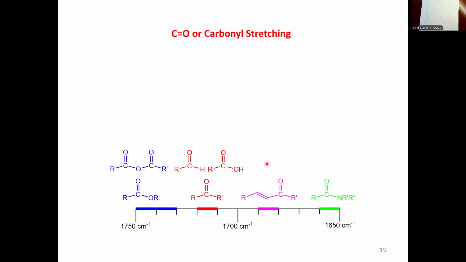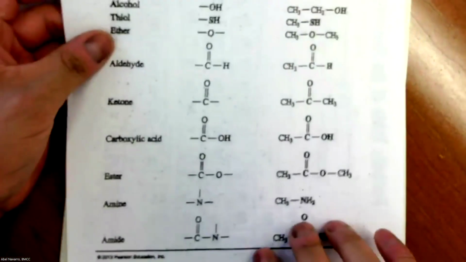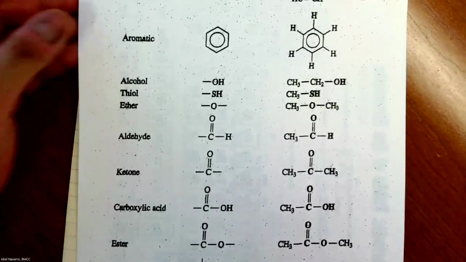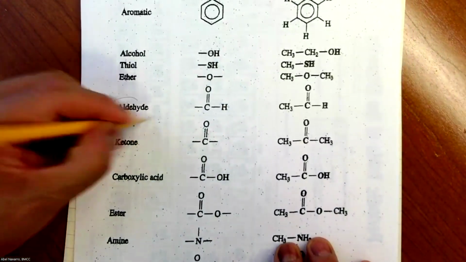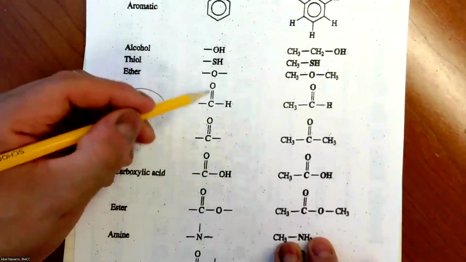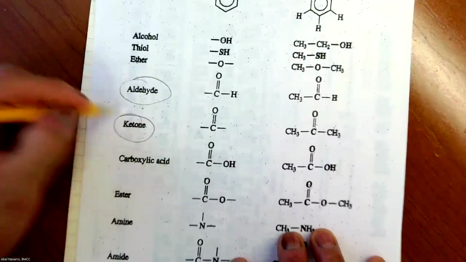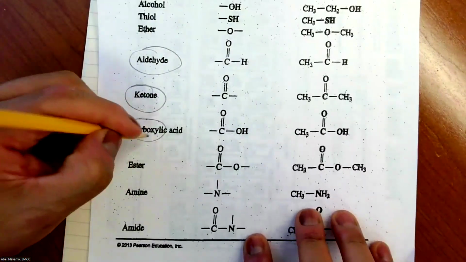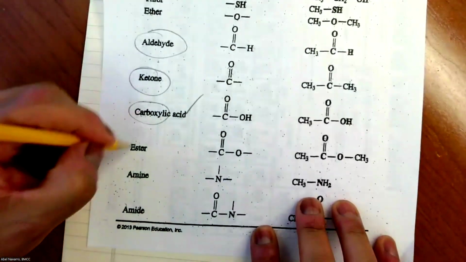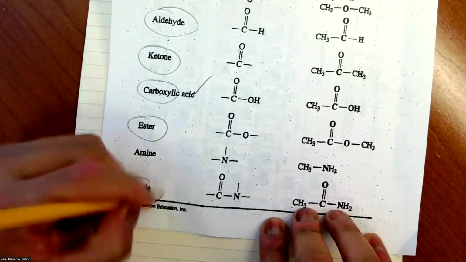All right, now let's go to the COO, the carbonyl. Now in carbonyls we have many functional groups. If you see here, who are my carbonyls? Well, I have aldehyde, it's a carbonyl. Ketone, carboxylic, we already saw it, so that's out. Ester, amides, right?